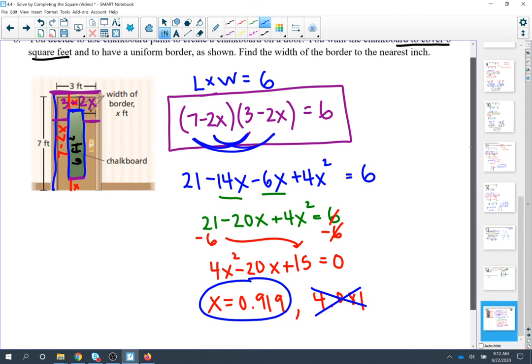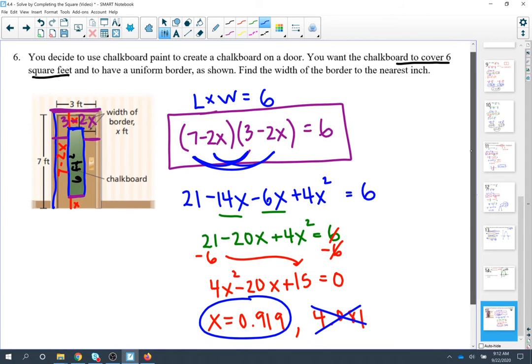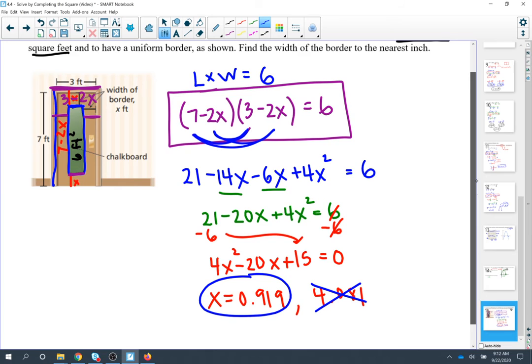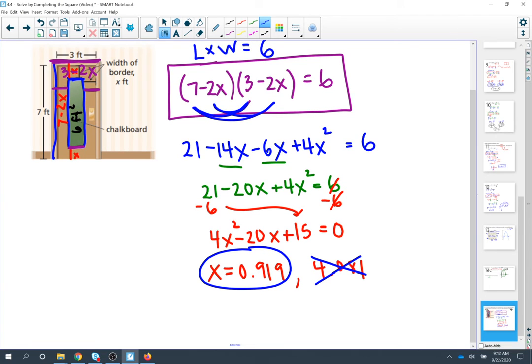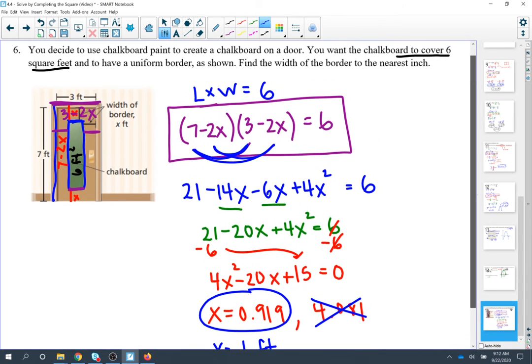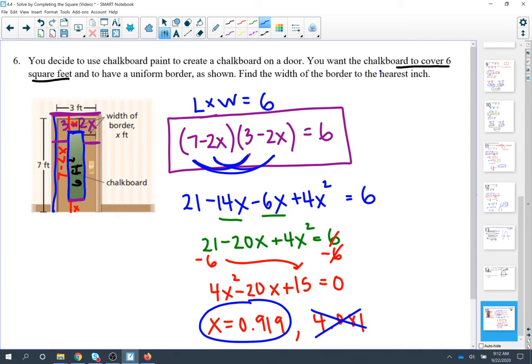And in the directions, it told me that we're going to find it to the nearest inch. So if I round this, x equals 1 foot. And actually, wait a minute, it says to the nearest inch.